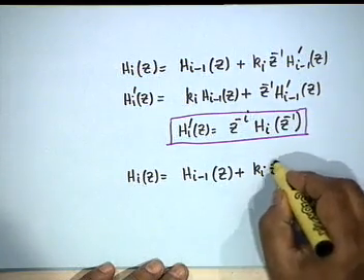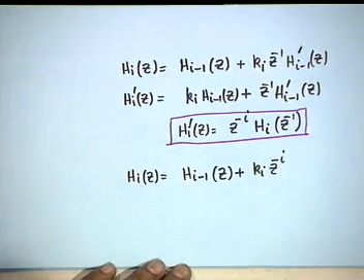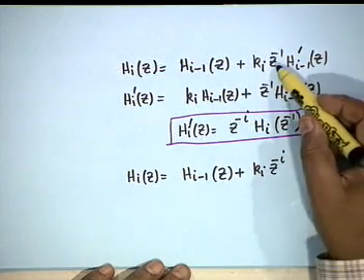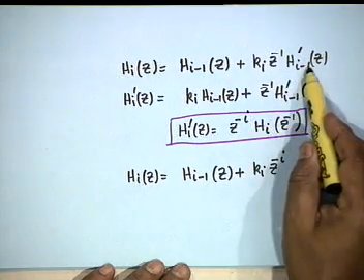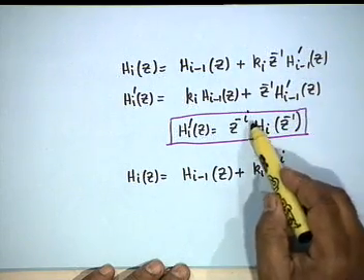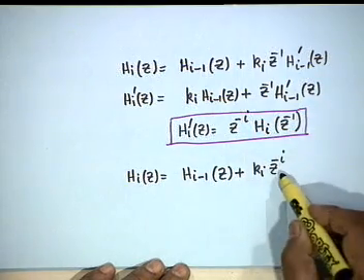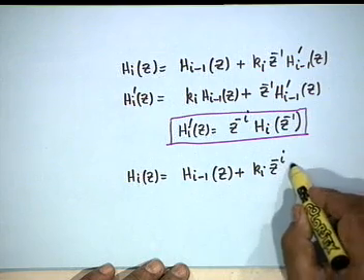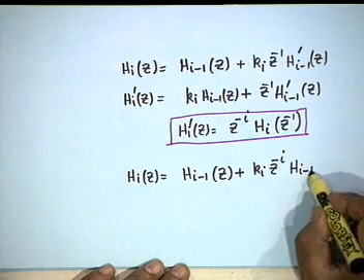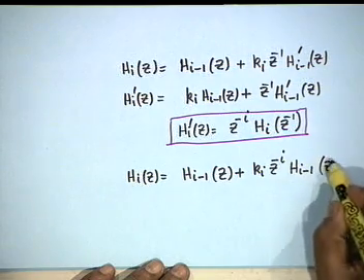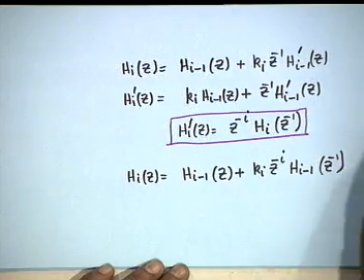So, it would be Ki z to the minus i. Is the point clear? Z inverse, and from here Hi minus 1, so it would be z to the minus i minus 1. So, the product would be z to the minus i, then Hi minus 1 of z inverse. This is another result which we shall use later.